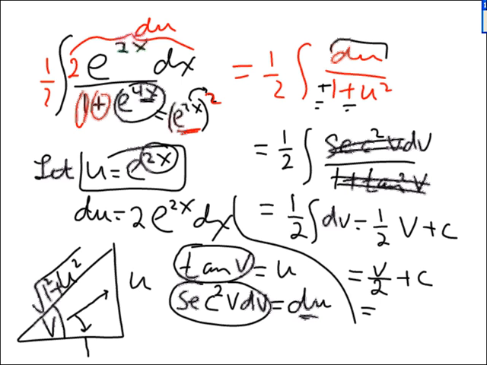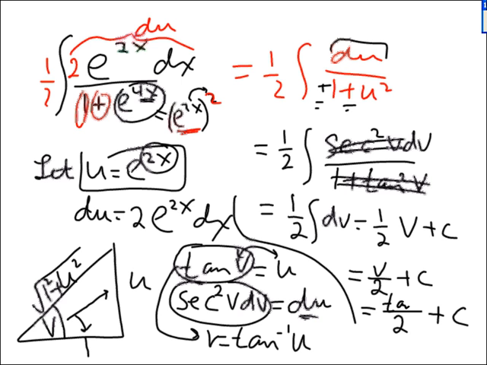Well, it's not so obvious what v is. We interchange these two, and we get v equals the tan inverse of u. So v over 2 plus c, where v is the arctangent of u, and u equals e to the 2x.